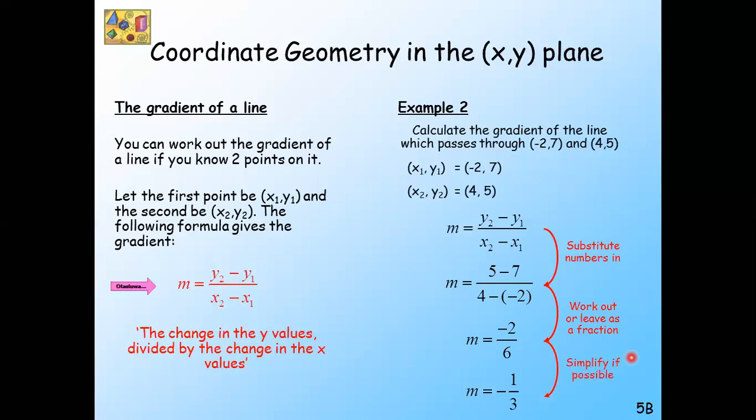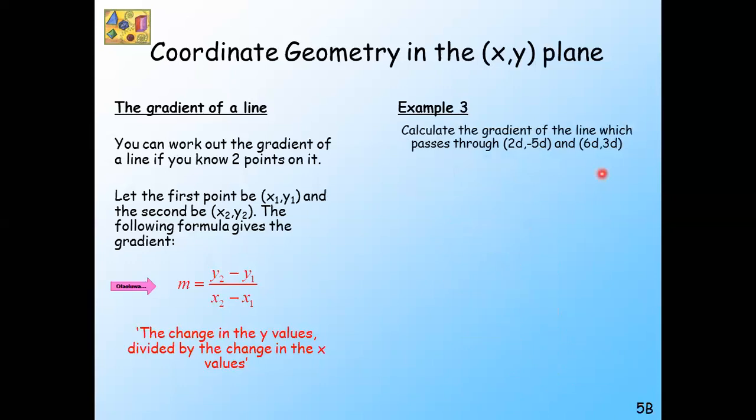Now let's step up our calculation by taking a look at this problem that says calculate the gradient of the line which passes through 2d, minus 5d and 6d, 3d. Again, my x1, y1, my x2, y2, and then my formula, and then I substitute into the formula, the same procedure.